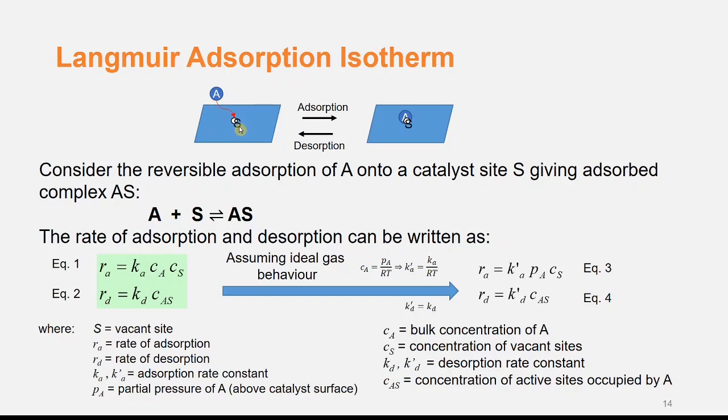In fact, it is called chemisorption if chemical bonds are formed between the molecules and the active sites, whereas if there are only physical forces causing the species to adsorb, then it's called physisorption. Here, it is chemisorption.